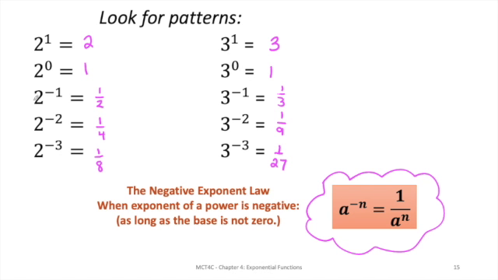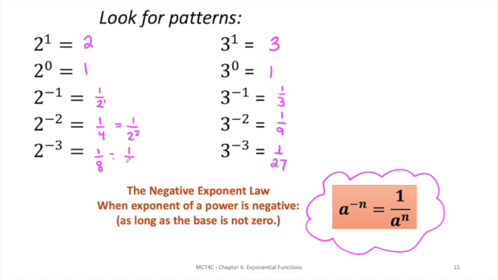So 2 to the exponent 1 is 2. We now have negative 1 though, so it is going to be 1 all over 2 to the 1. Okay, this would be 1 all over 2 squared, which is 1 over 4.